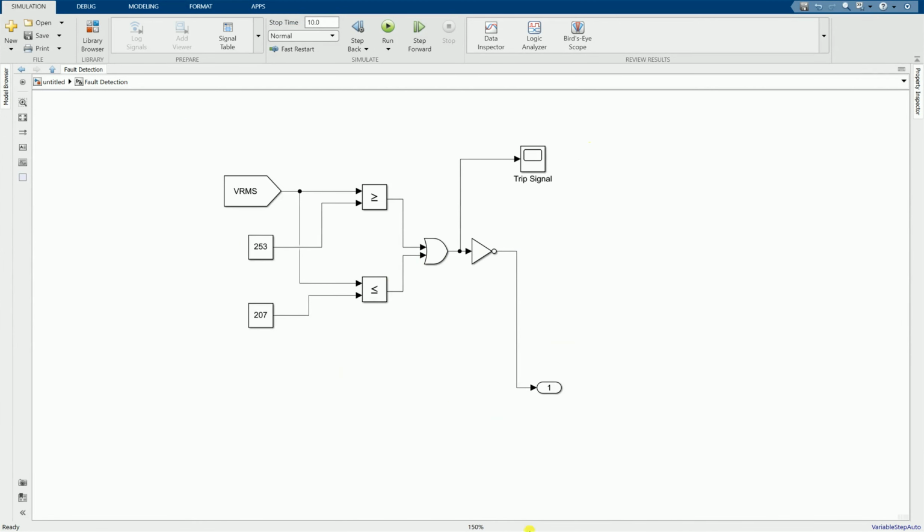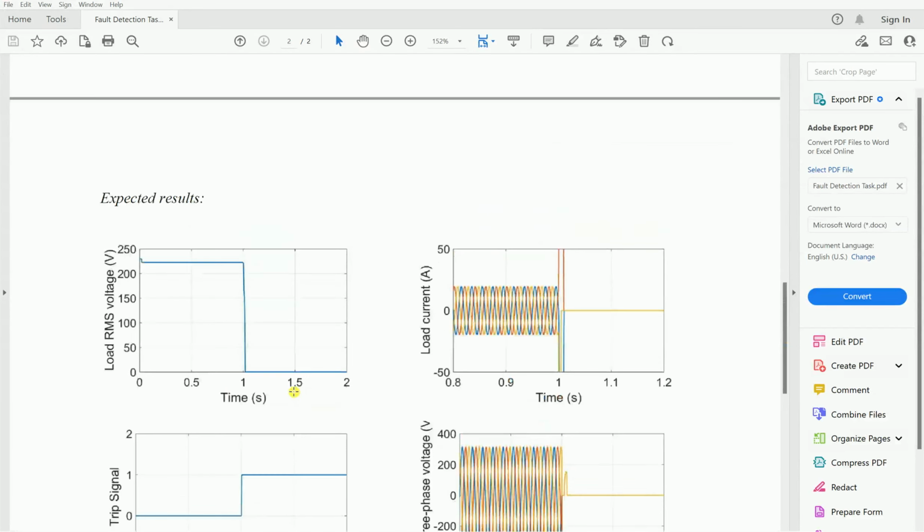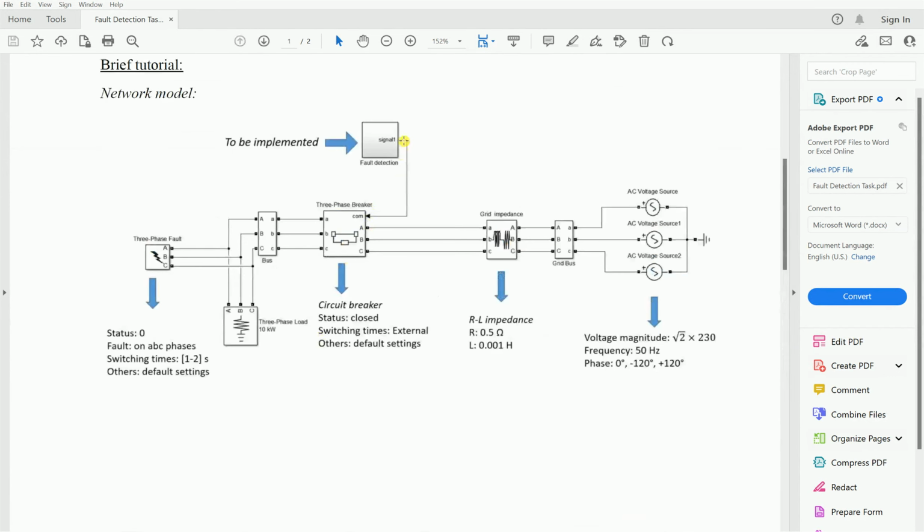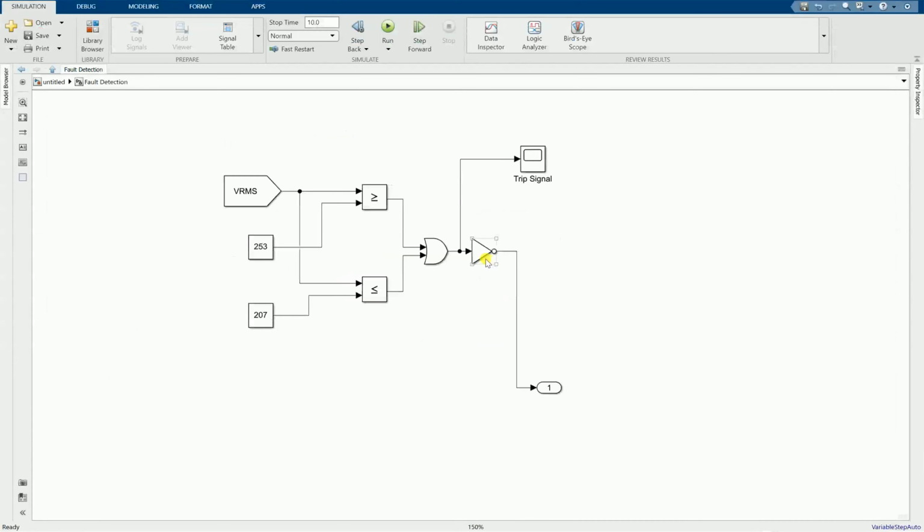However, in reality, a trip signal of 1, if applied to the circuit breaker, will close it, not open it. That's why we need to invert the signal: when any of these conditions is fulfilled it gives us 1, and by inversion it gives us 0 and opens the circuit breaker. So let's keep this as a trip signal here.